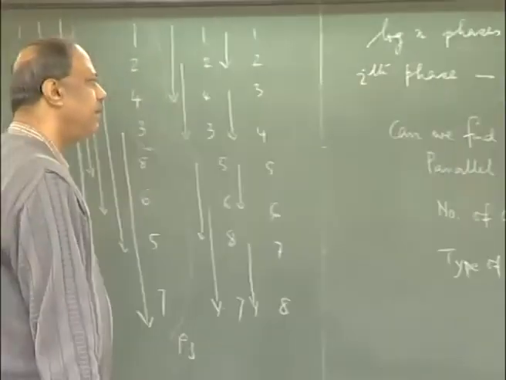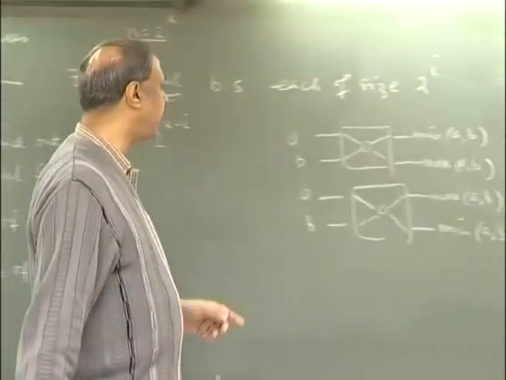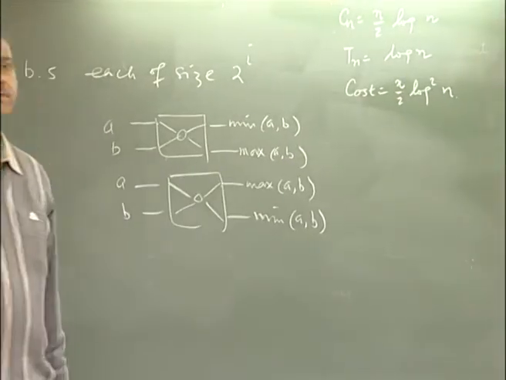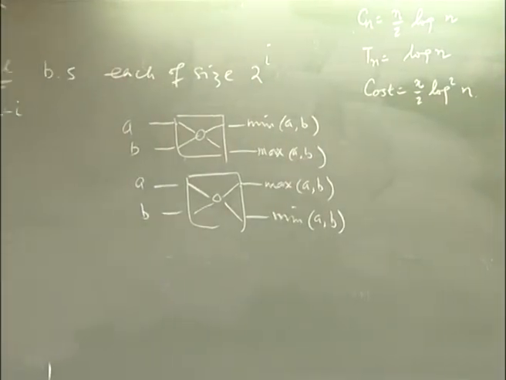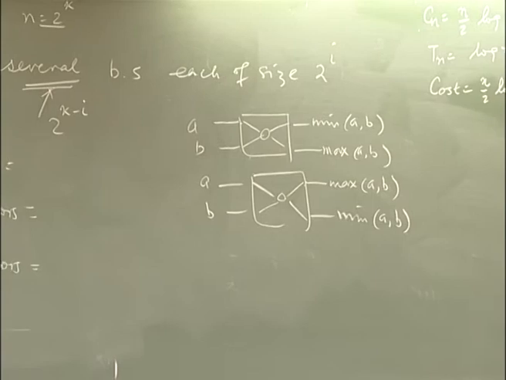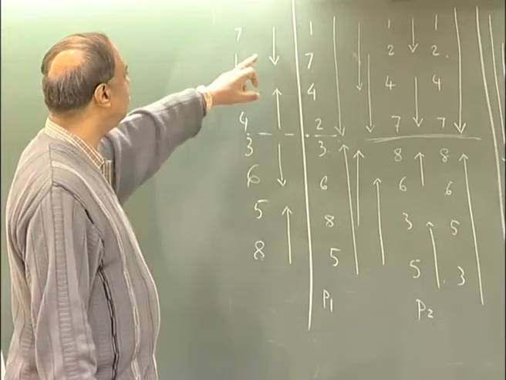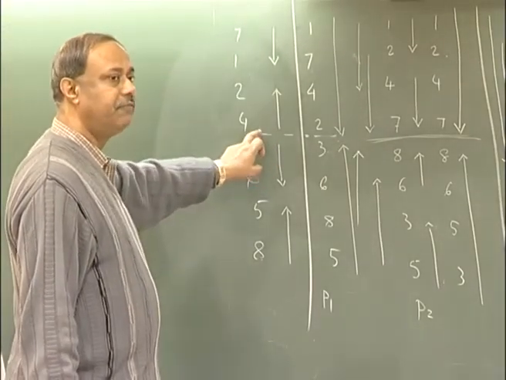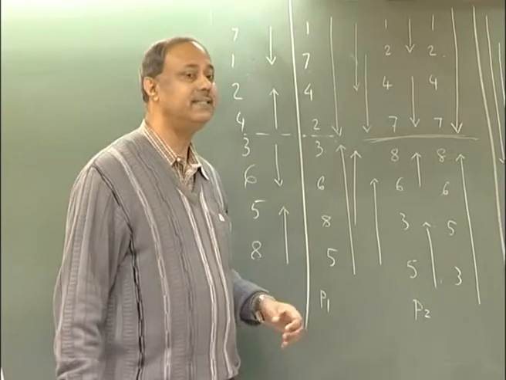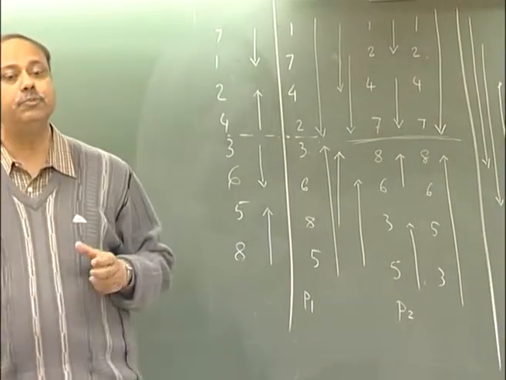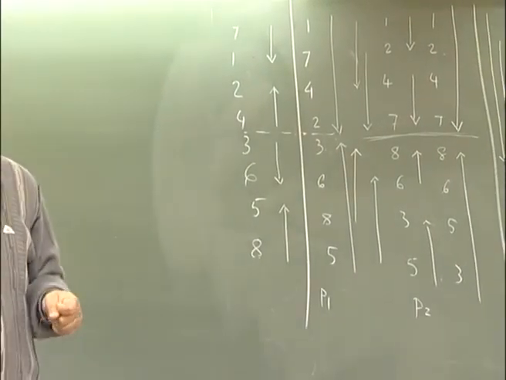If you can implement the first one, you only have to change it to give the maximum output on top and the minimum output below, nothing else. This is not a big thing. The only thing is that phase-wise you have to keep in mind which comparators you will be using.